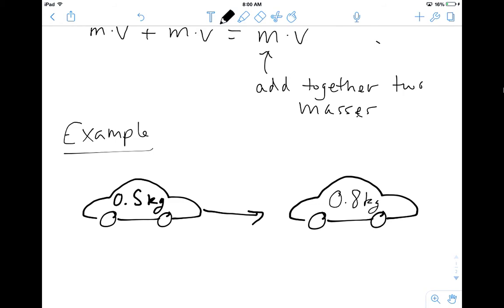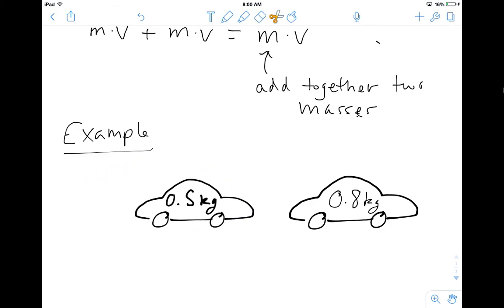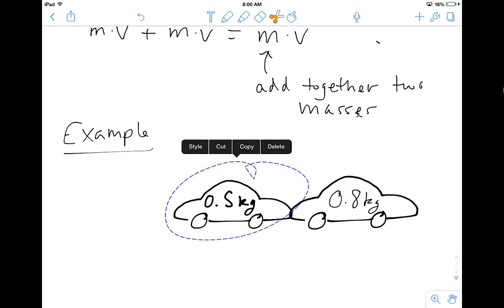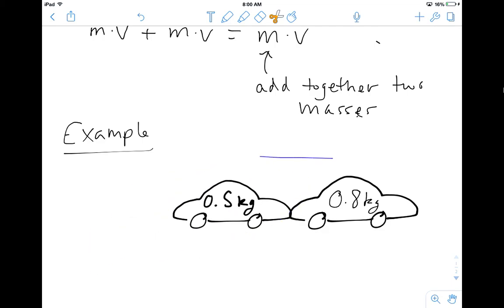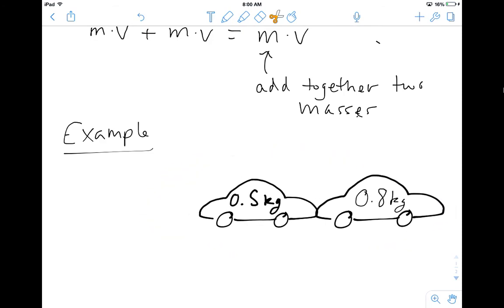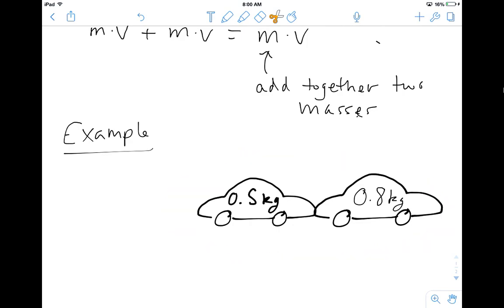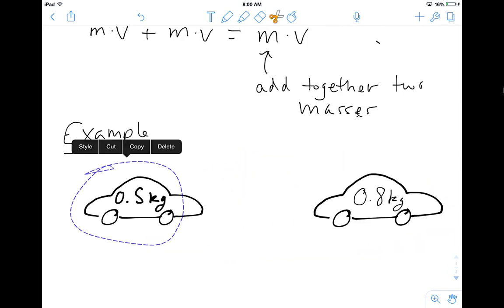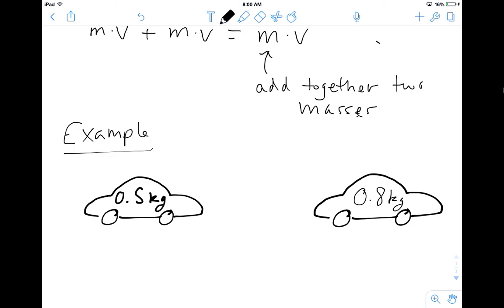Now, what's going to happen is that this car is going to move along. It's going to hit this car. And then suddenly, they're going to move together as one. Okay? So let's try and keep that in mind as we do this. Now, we have to do some velocities here too. So my velocity for this car is going to be 2 meters per second. And since this one's sitting still, it's going to be 0 meters per second.